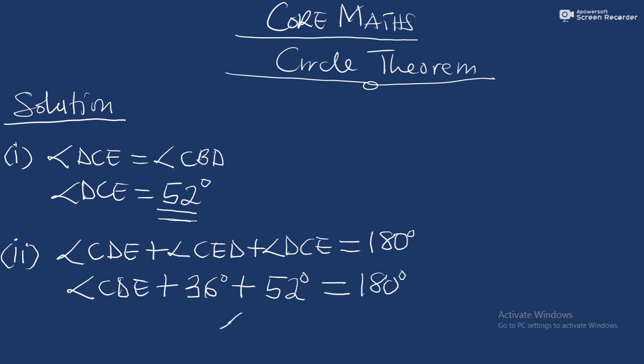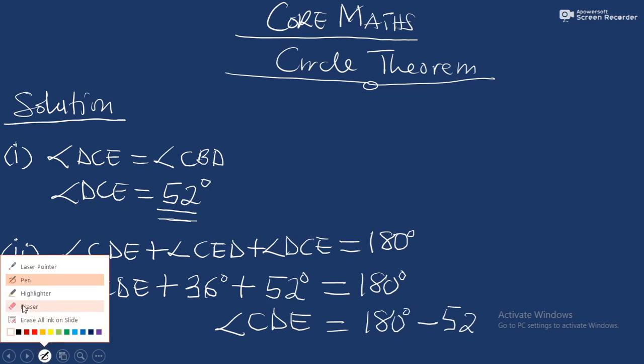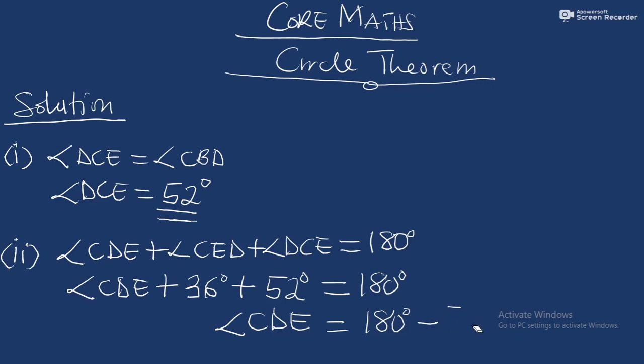So simplifying, we have angle CDE equals 180 degrees minus 52. Sorry, we have to add 52 to 36 for us to get 88 degrees.